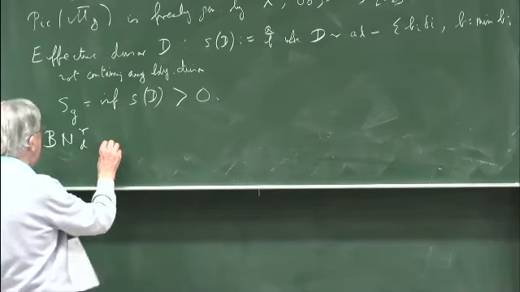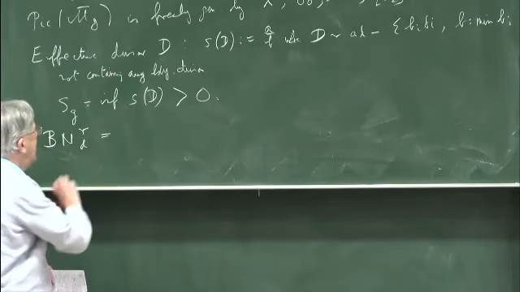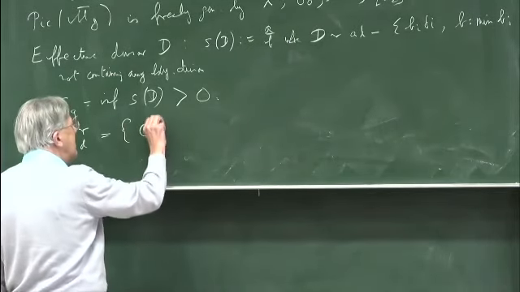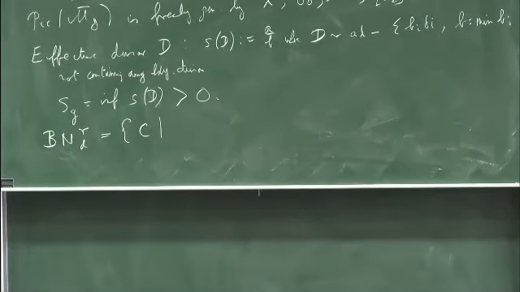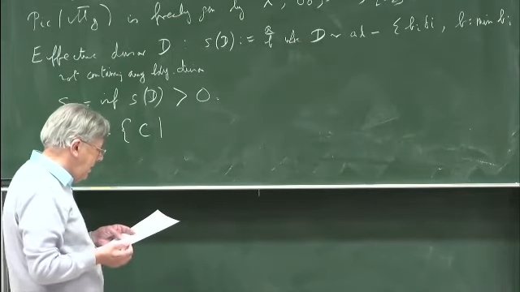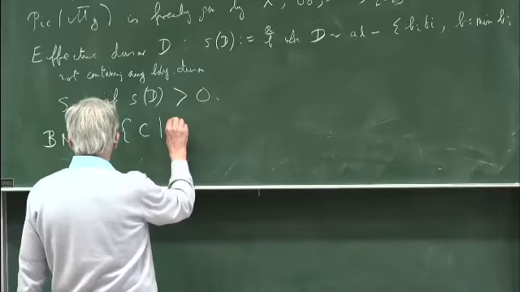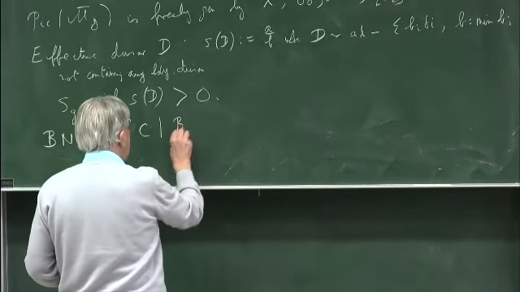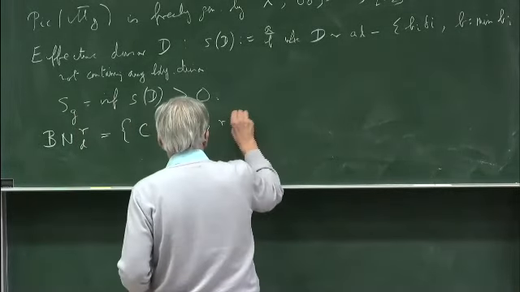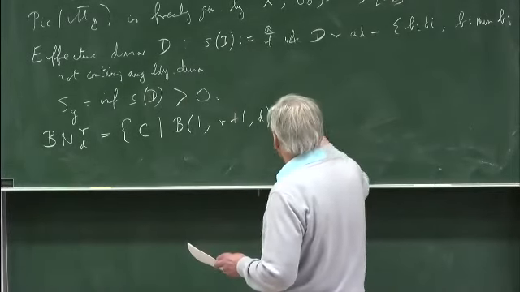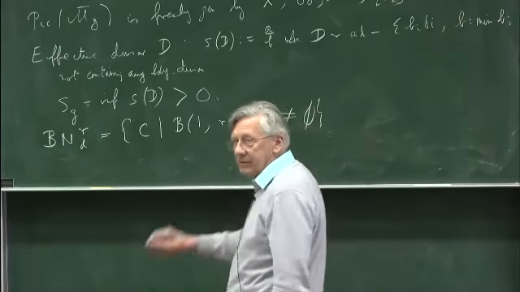This is within the genuine or smooth curves, M_g. The Brill-Noether divisor is the curves C for which the Brill-Noether locus, which I'm wanting to write as B^1_{r+1,d}, is non-empty.